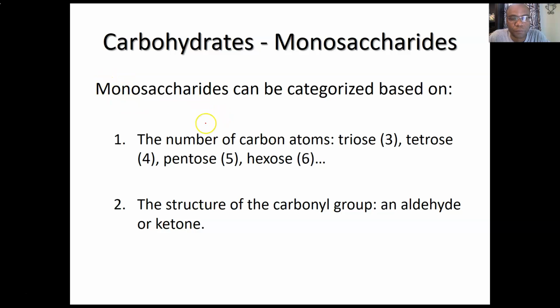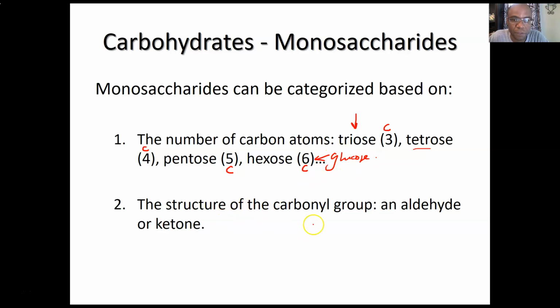Monosaccharides can further be classified into other classes. Triose, which means you have 3 carbons. Tetrose, 4 carbons. Pentose, 5 carbons. Hexose, 6 carbons, as in glucose.